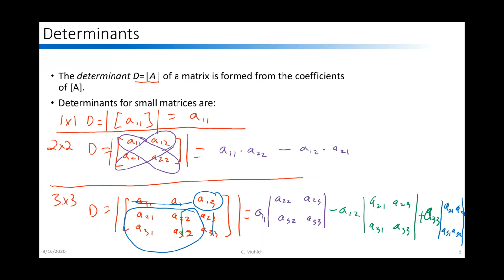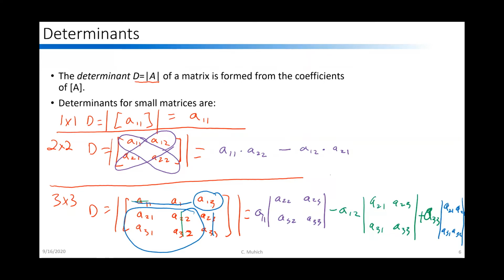As we move up to higher dimensionalities, we need to start taking summations of determinants of lower order to make sure that we have all of the elements included. I'm going to comment here that we can already see that when we're getting towards a size 3 by 3, we're starting to get to relatively complex math, and it gets even more complicated if we go to matrices larger than 3 by 3.